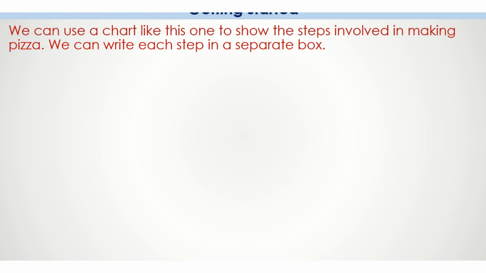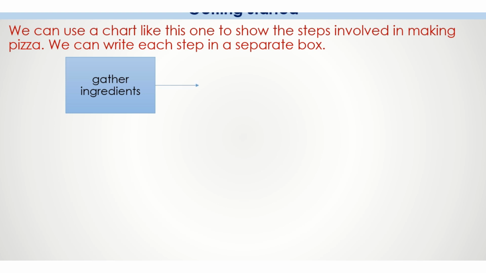So now we are going to see a chart, and on that chart there are steps involved in making a pizza. First of all, gather the ingredients. Collect the things you will use to make the pizza: the flour, water, oil, butter, salad, whatever. These are called ingredients.